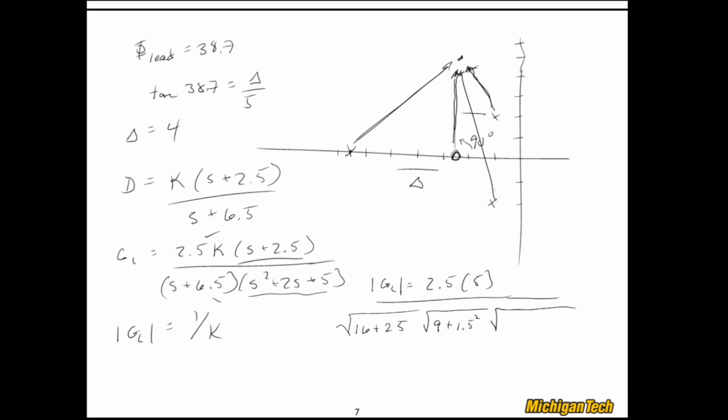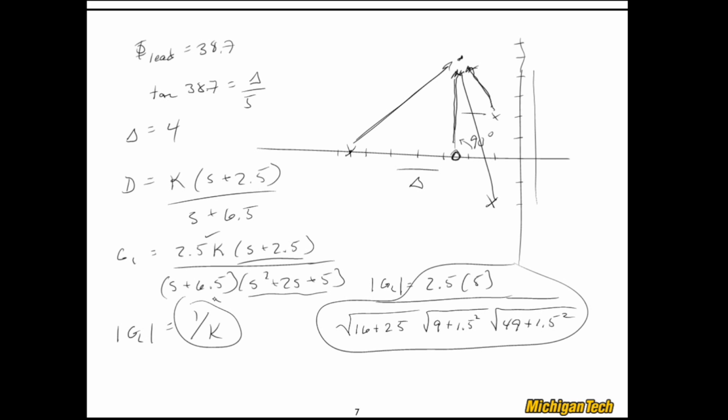And the last one associated with that pole is the square root of, let's see, this quantity squared, which is 7 squared, 49, plus again 1.5 squared. And if I calculate that out, and then note that I have to flip it to get K, I'll get K equals 12.4. So now I have the whole compensator.